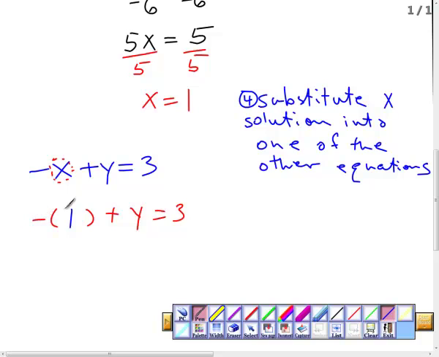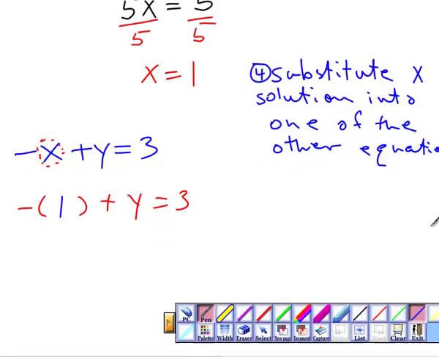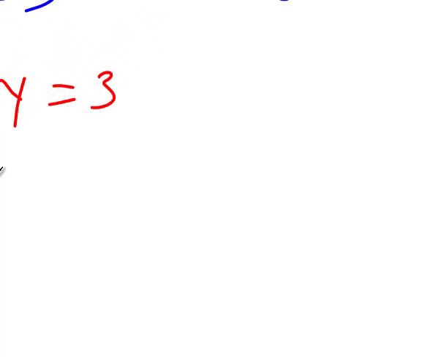Now, if this was a negative number, then you'd have to have a minus for the equation, and then minus whatever that number is. You have to count both of them, one negative for the equation and one negative for the solution. So you want to be careful with that. And so we get negative 1 plus y equals 3.